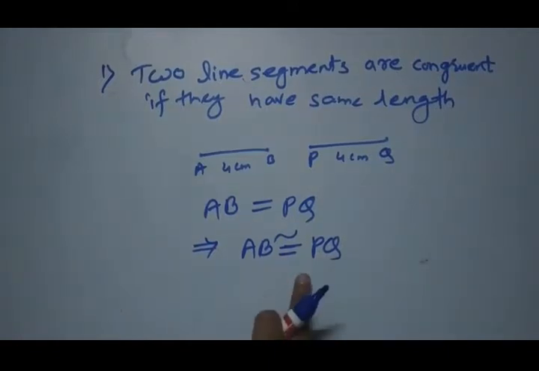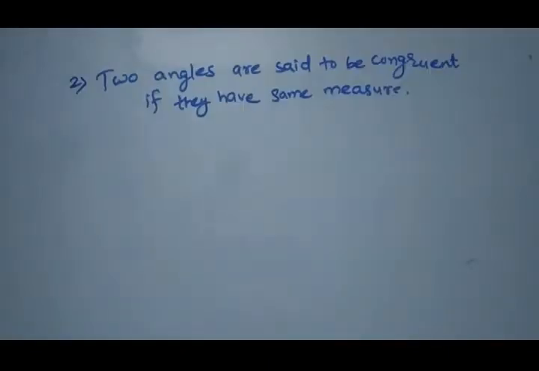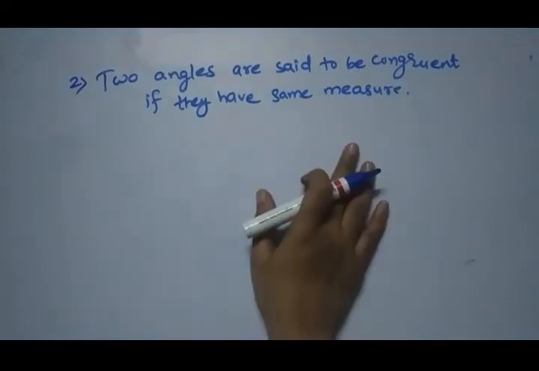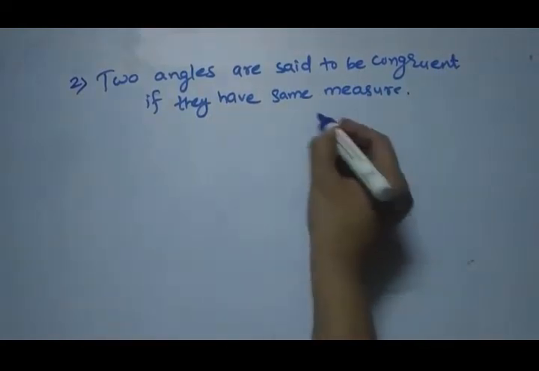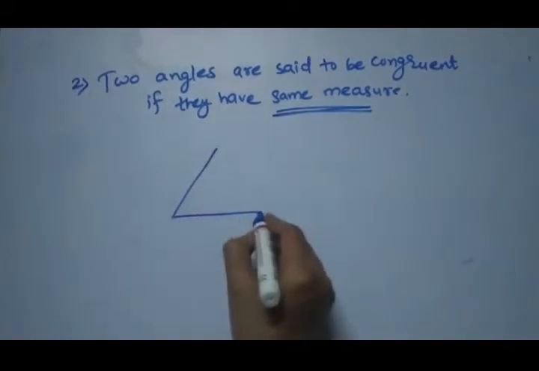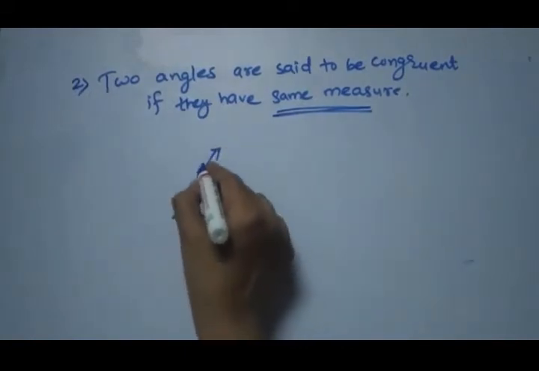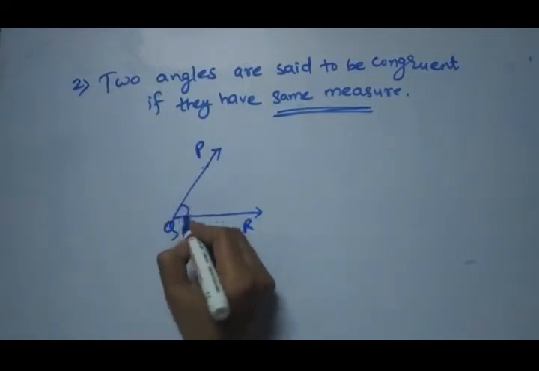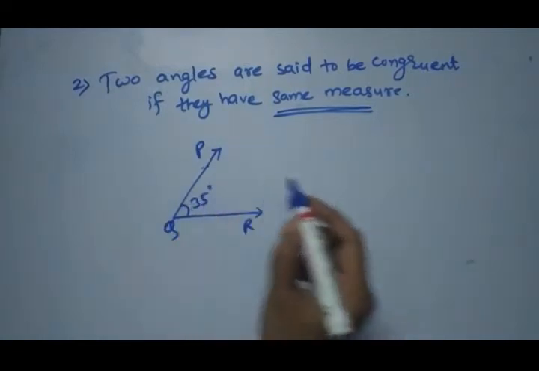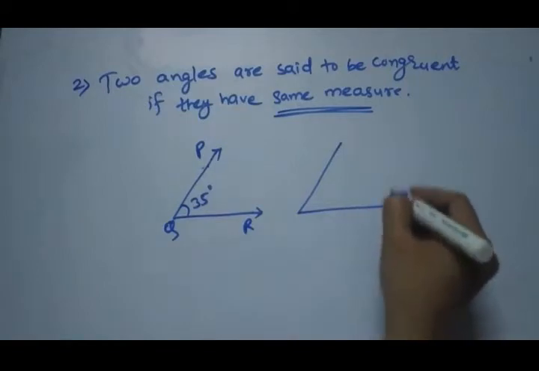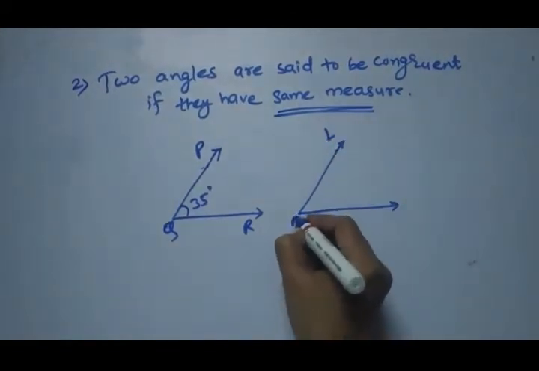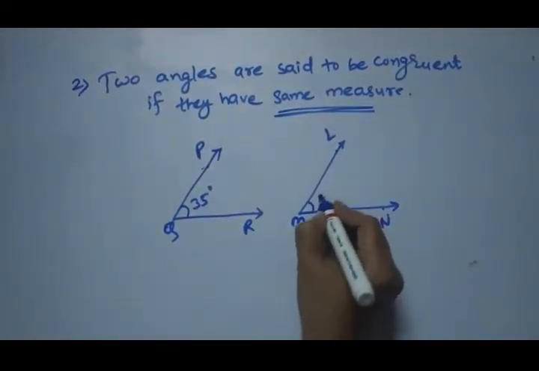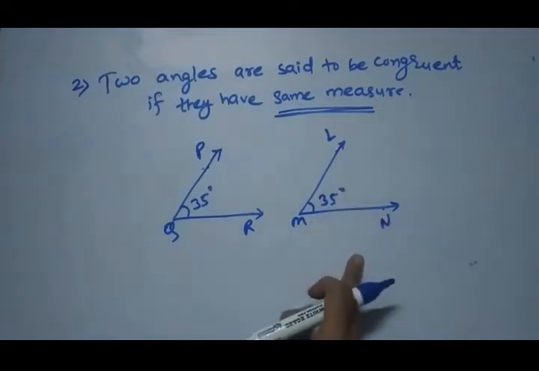So this is the symbol of congruence. Now if we have two angles, they are said to be congruent if they have the same measure. For example, this is one angle, angle PQR, and its measurement is 35 degrees. And you have one more angle here, angle LMN, and it is also 35 degrees. Both angles' measurements are the same.